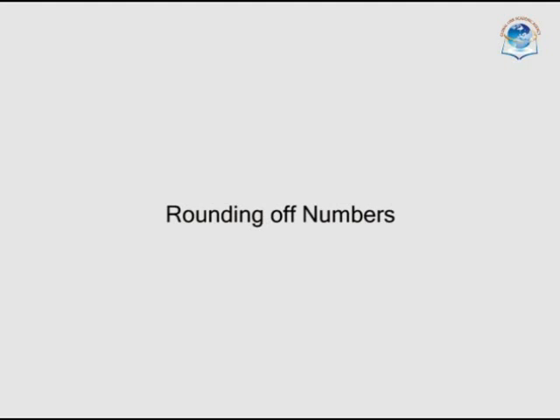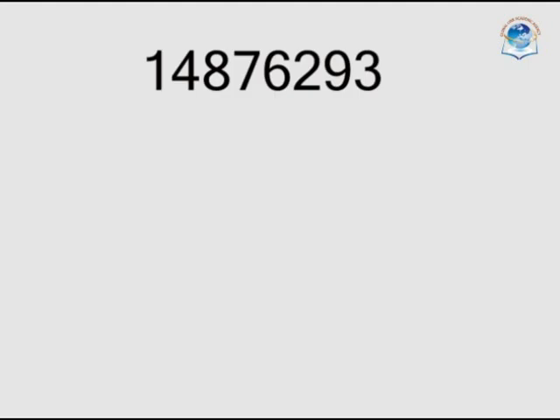Finally, rounding off numbers. Let's go back to the population figure of Kenya. 14,876,293. Now, if such a figure is provided, it simply suggests that the person who did the survey was so accurate, so much so that he counted the people to the last man standing, which in practical sense is not possible.